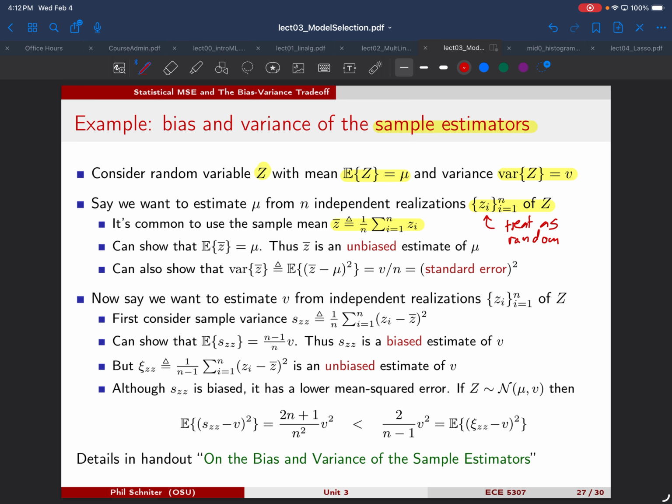If you have this random variable, capital Z, and you have some deterministic samples or realizations of it, we can't really say anything about that particular set of samples. It could be way off the mean. It could be exactly on the mean. You just don't know. Anything is possible, right?